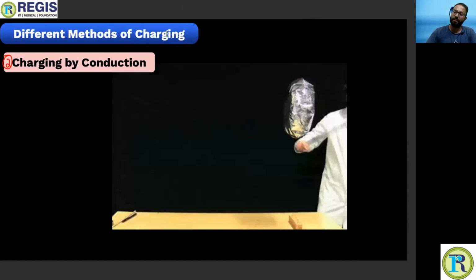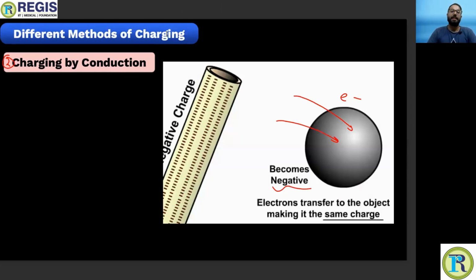So what does conduction mean? In friction, there is rubbing between two objects. But in conduction, electrons transfer from one object to another object. Clear? Okay.